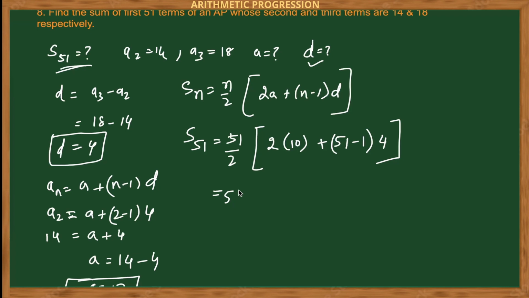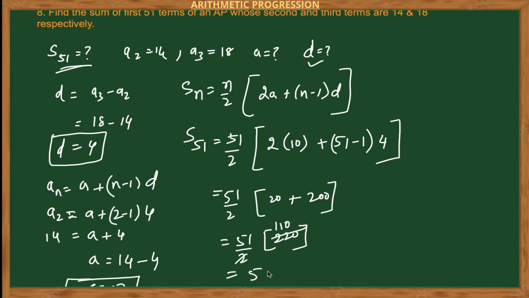So 51 divided by 2, 2 tens are 20, plus 51 minus 1 becomes 50, 50 into 4 is 200. So this becomes 51 by 2 into 200 plus 20, which is 220. This further gets divided by 2, giving 110. 51 into 110, you will get the value as 5610.